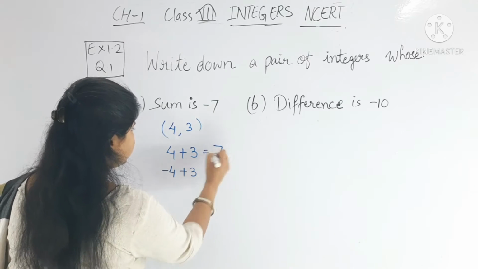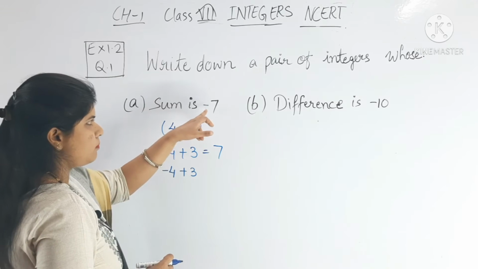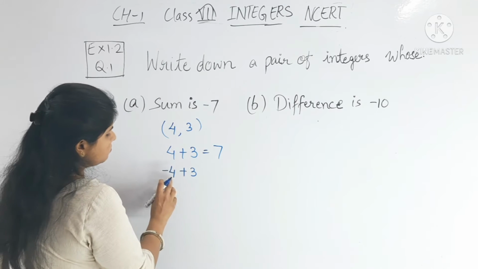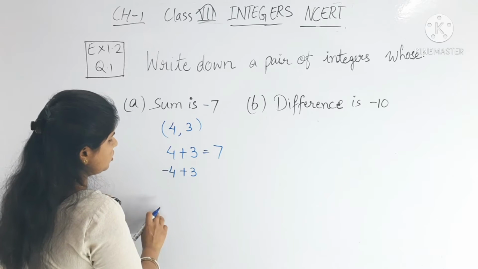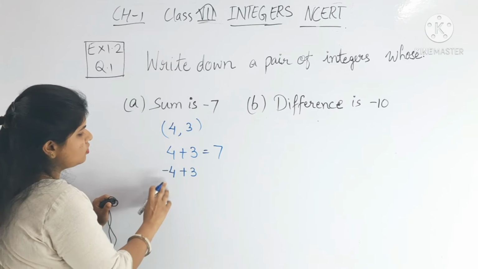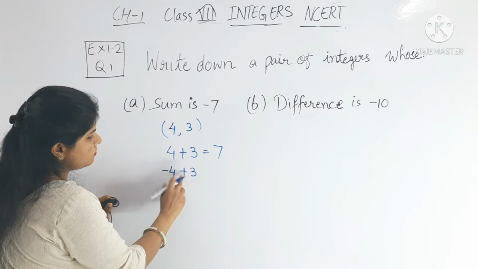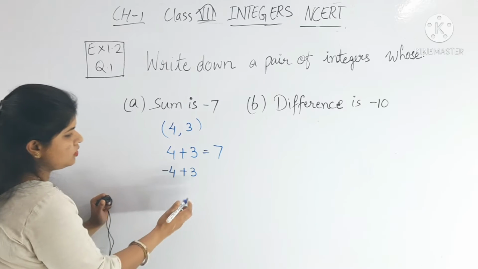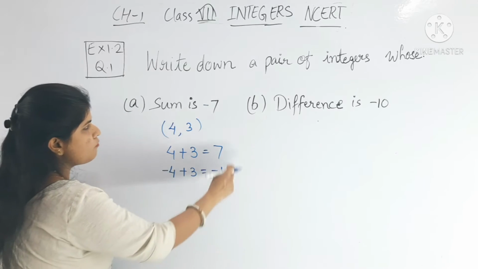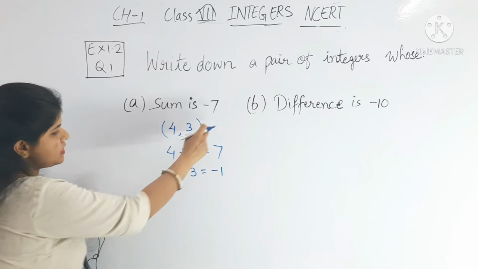4 plus 3 is 7, but I want the minus sign in the result. So for the negative integer, I have to put the negative sign on the larger number. If we solve minus 4 plus 3, what do I get? Minus 1, but I want the sum minus 7.